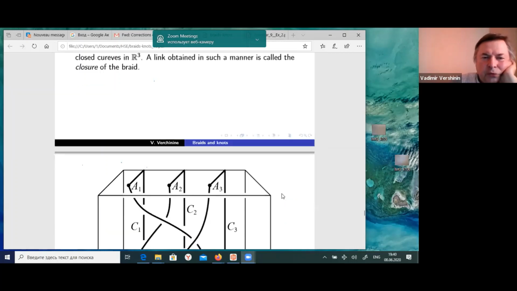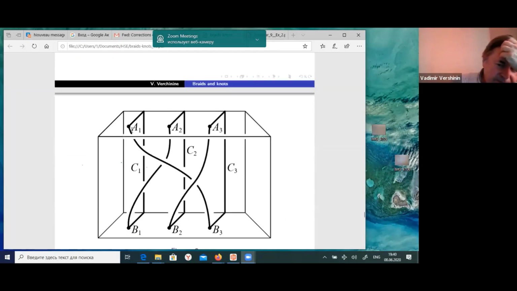So in this cube you have a braid. In the cube you have a braid. So this is a braid, right? This is a cube. And now you make a closure of the braid somewhere outside of this cube.